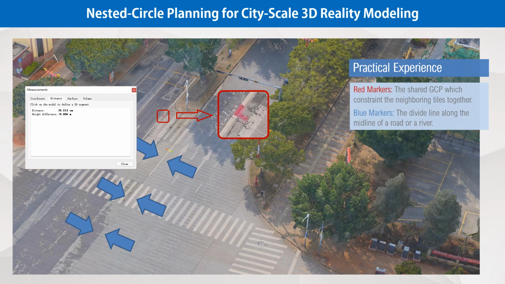In order to get the best production, we divide along the midline of a road or a river because their altitude and textures won't change too much, which is perfect for putting cells together. Even if the overlapped area does not look good, we can easily retouch it.